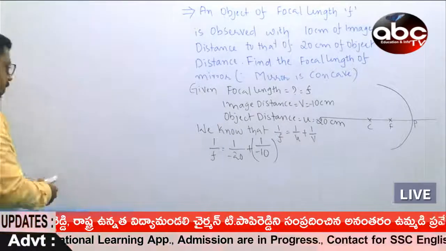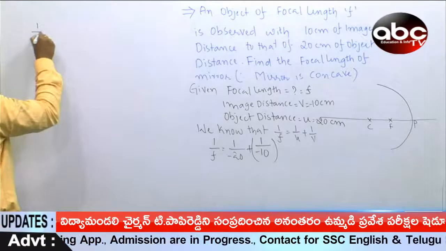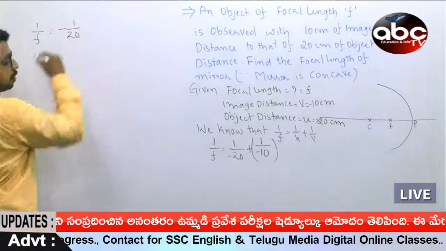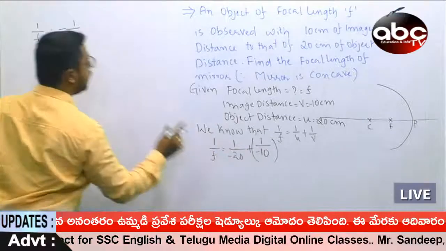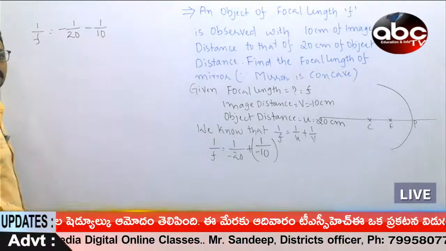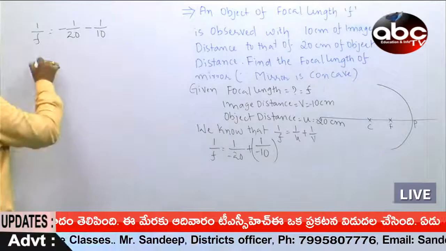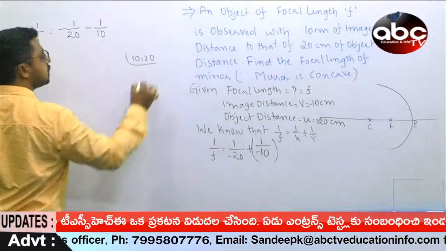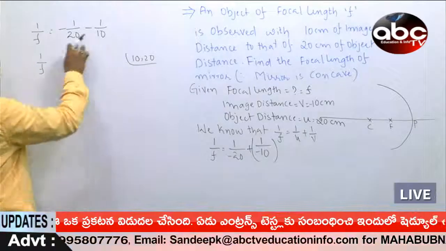So how are we going to simplify that? 1/f is equal to minus 1 by 20 plus into minus, we are able to obtain minus 1 by 10. That is, we are going to take this into the consideration of LCM. This is nothing but 10, 20 are the denominators.